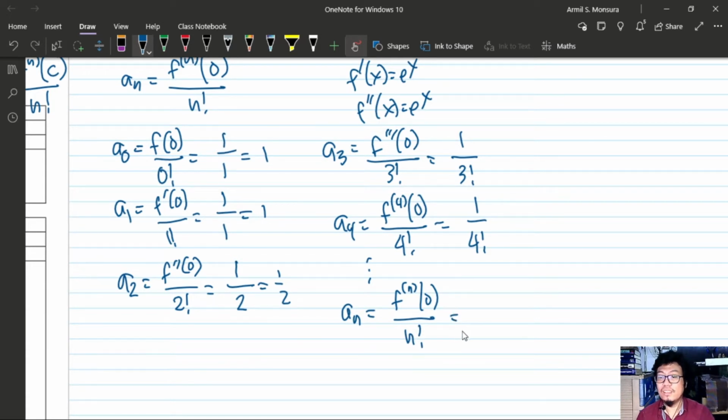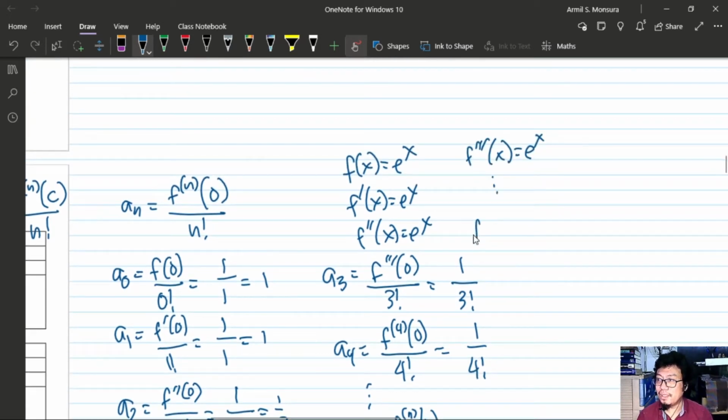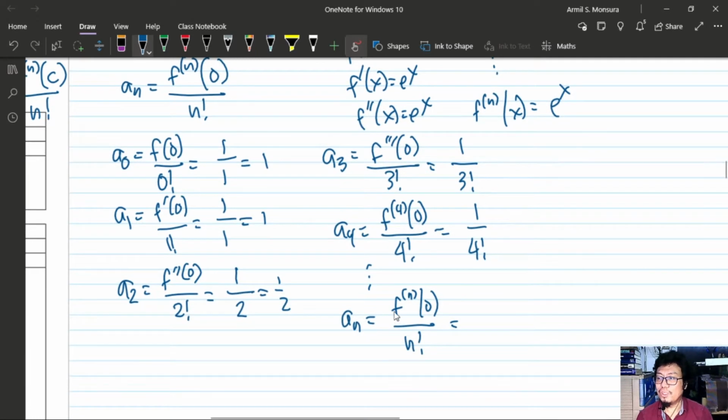And since the nth derivative of e raised to x is still e raised to x, no matter how many times you take the derivative, the nth derivative of f at 0 is e raised to 0, so that's 1 divided by n factorial. So these are your Maclaurin coefficients.